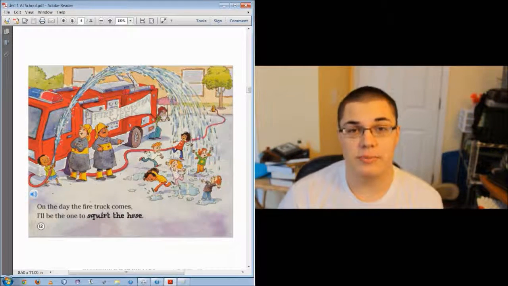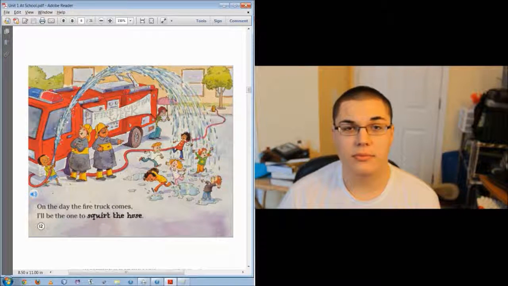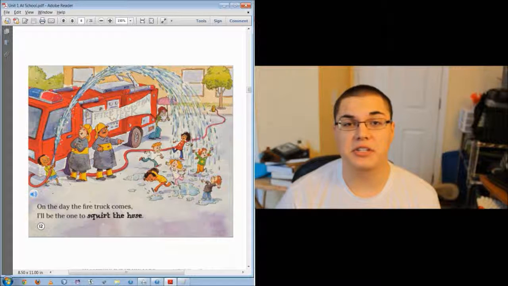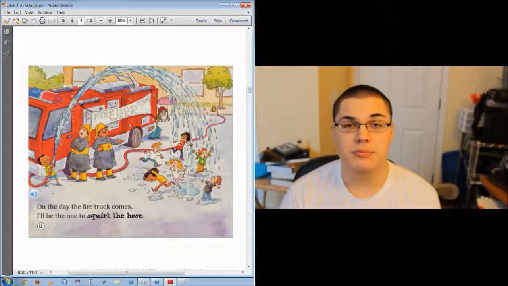Okay, in our first picture, when does this scene take place? Look at what the children are wearing. Are they wearing warm clothes or are they wearing cold weather clothes? Would the children want to be sprayed with water in the winter time or in fall?